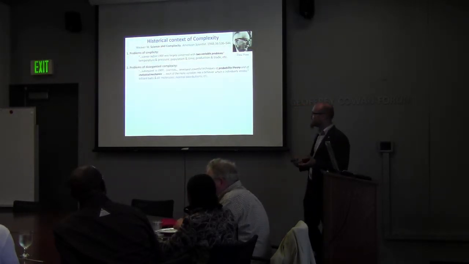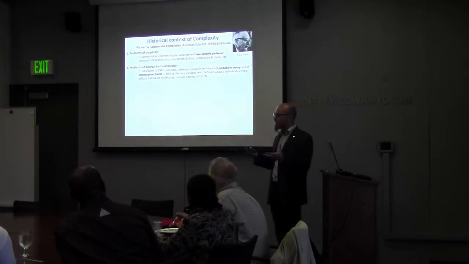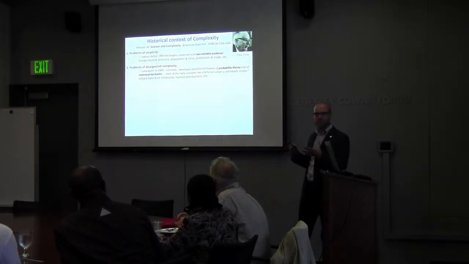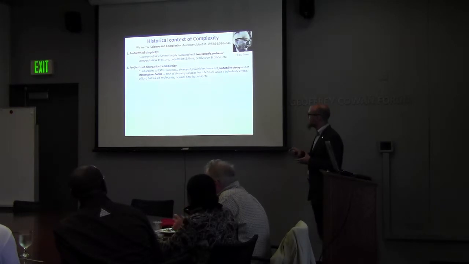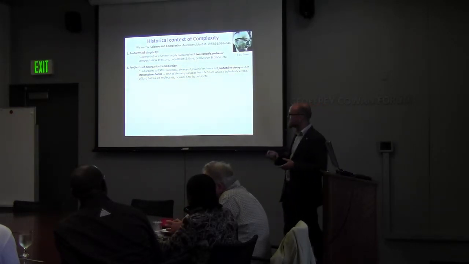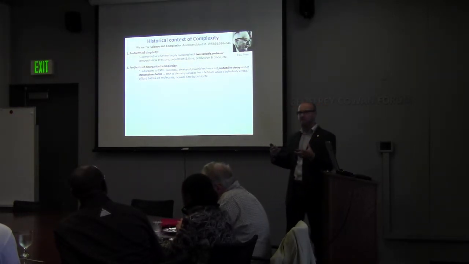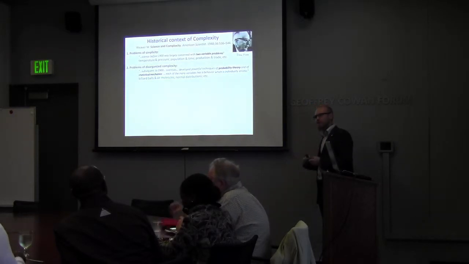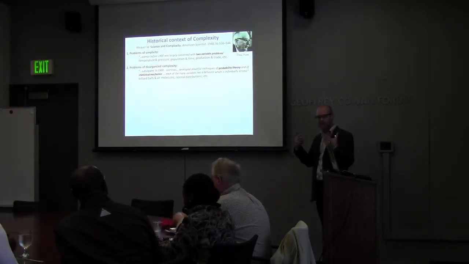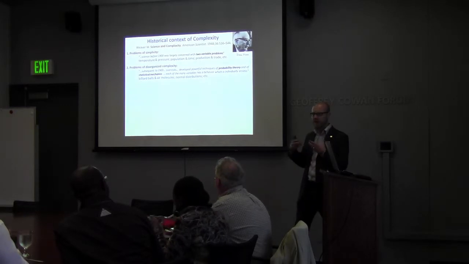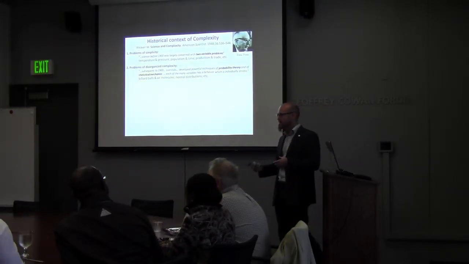Then during the 1900s, a whole bunch of science developed methods to work with what we call disorganized complexity. Probability theory and statistical mechanics came up with methods that allowed us to create averages and measure variances, and all of what we now call statistics came about, right? Regression analysis, statistical methods.